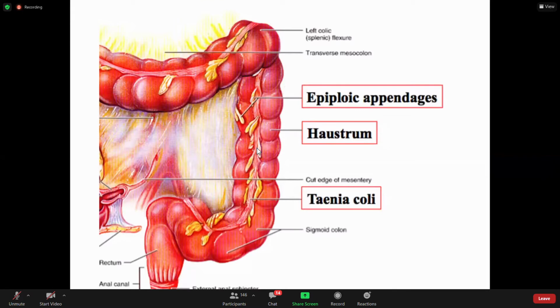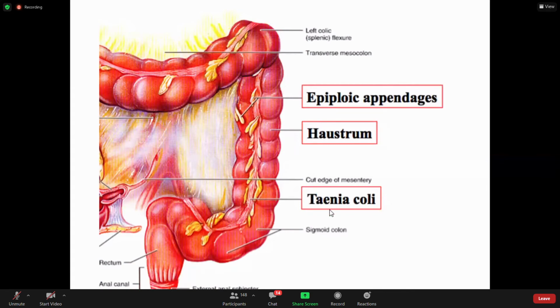The one which is present posterior medially is termed as tinea mesocolica, and the one which is present on the posterior lateral side is termed as tinea omentalis, right? While in case of your transverse colon, they are present superiorly, inferiorly, and posterior.